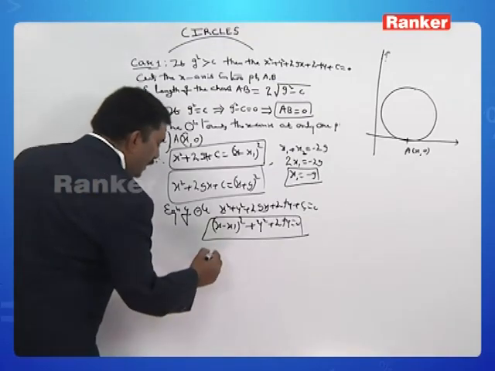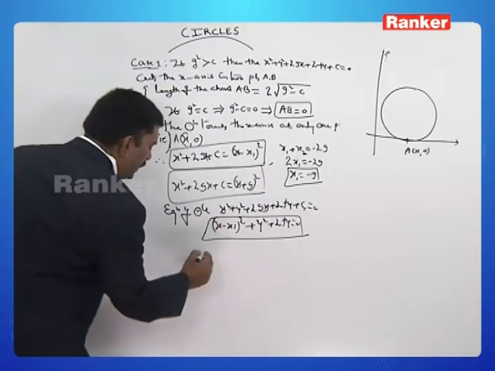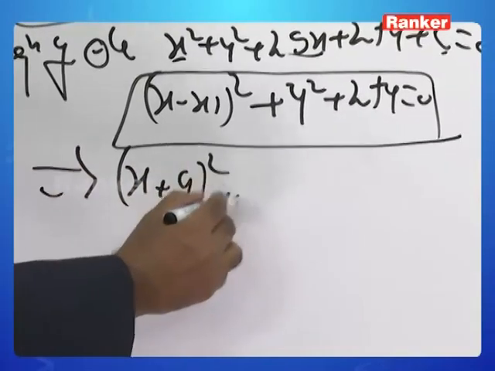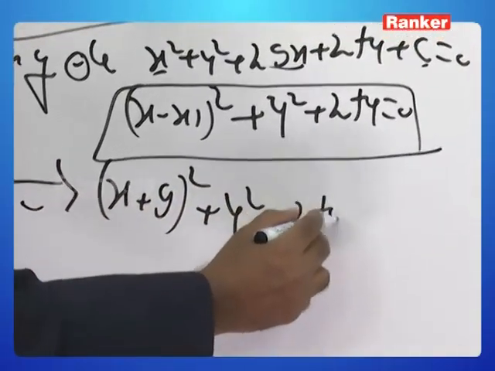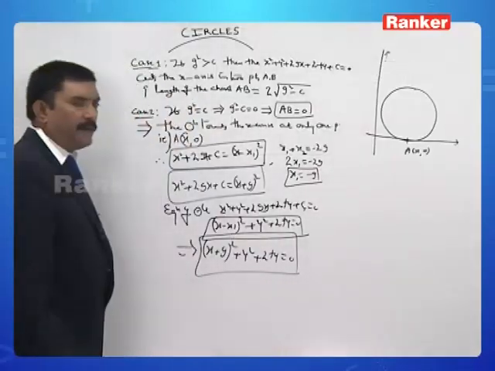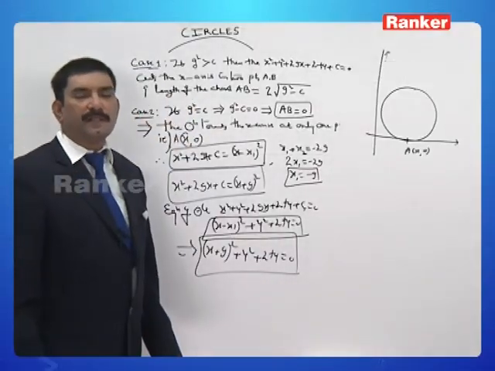Since x1 is equal to minus g, I can also write x plus g whole square plus y square plus 2fy is equal to 0. This is also a circle which touches the x-axis at minus g comma 0.